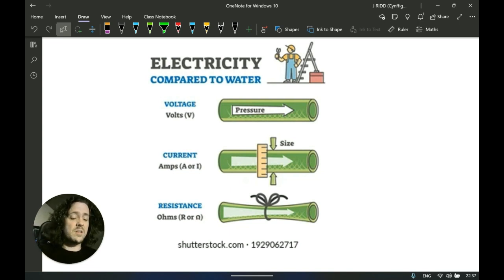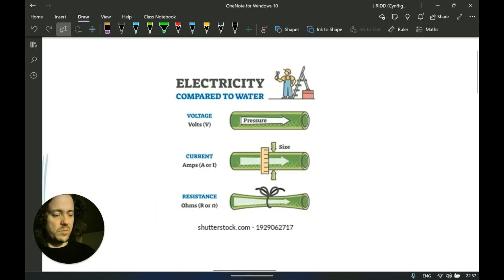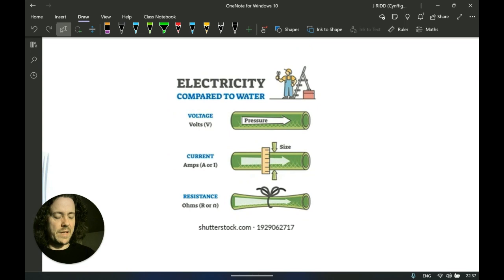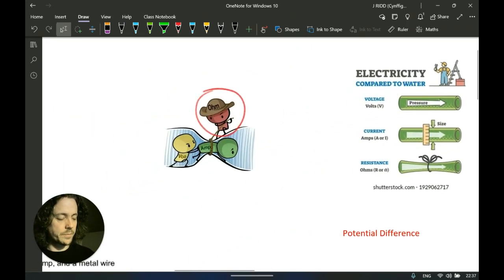The more pressure there is, the greater the flow of water, or the greater the current will be, all right? And then finally, resistance. You've all experienced this, I'm sure. There's a kink in the hose pipe, and that kink restricts the flow of water, working against the current. So just as a simple analogy, have that in mind, always very helpful.